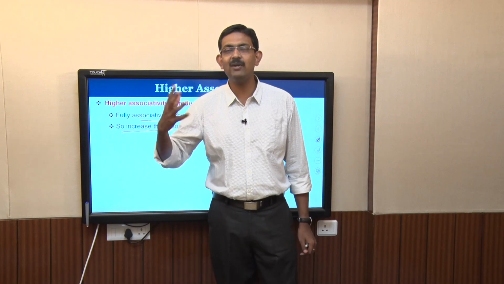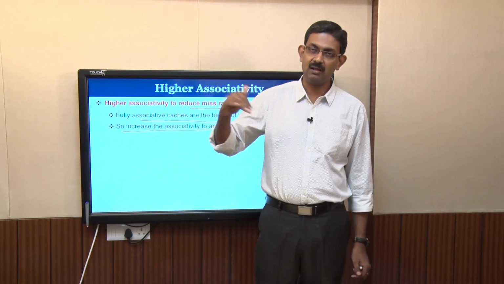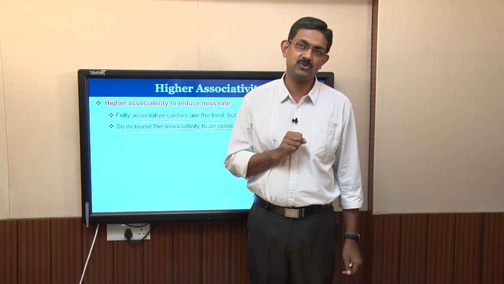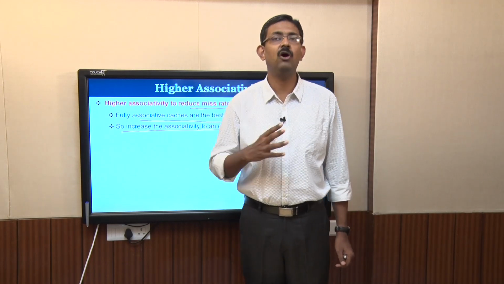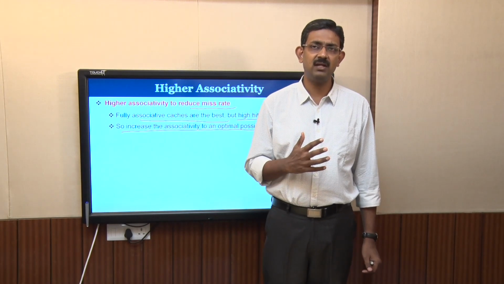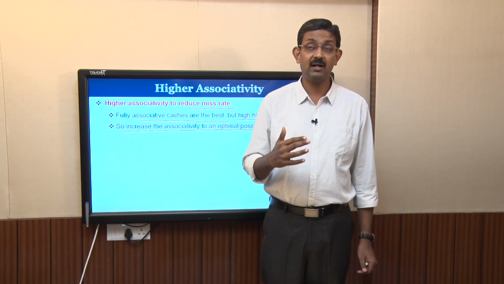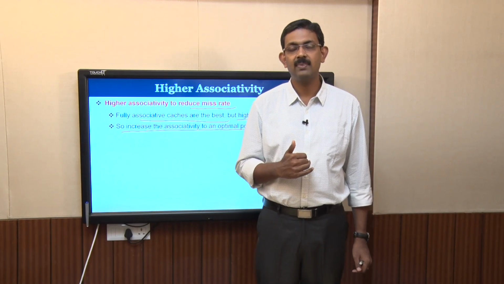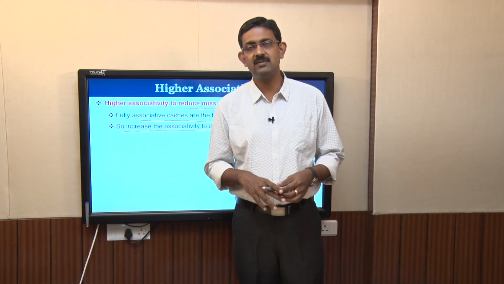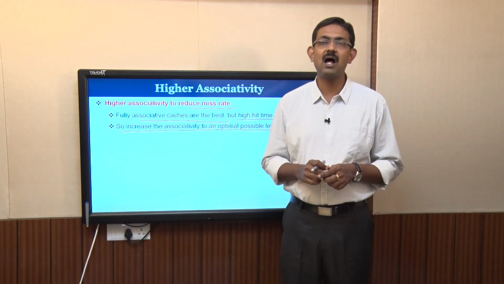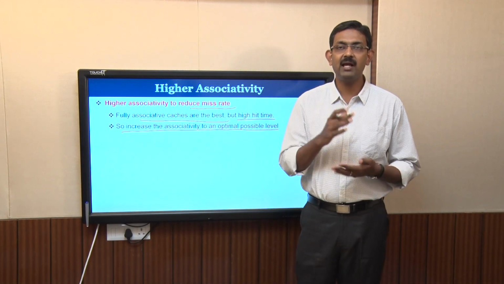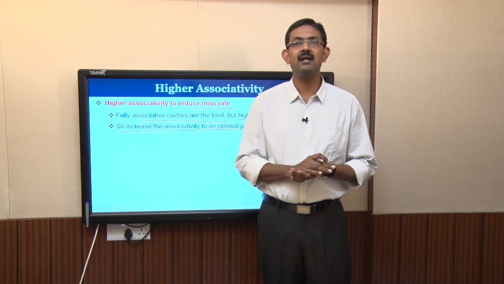So when you move from 4-way to 16-way to 32-way, we are going closer to a fully associative cache. As we move closer to fully associative caches, or if we increase the associativity, the miss rate will come down. At the same time, the hit time will increase. Since both hit time as well as miss rate are parameters which govern average memory access time, finding an optimal balance is a design challenge.